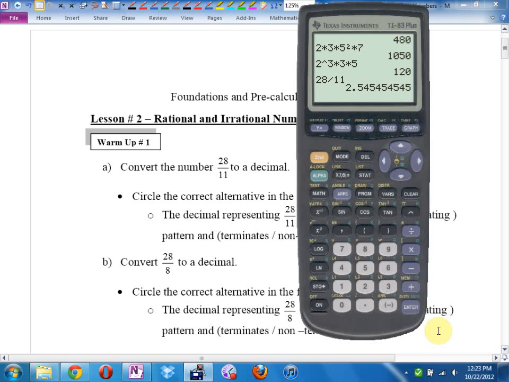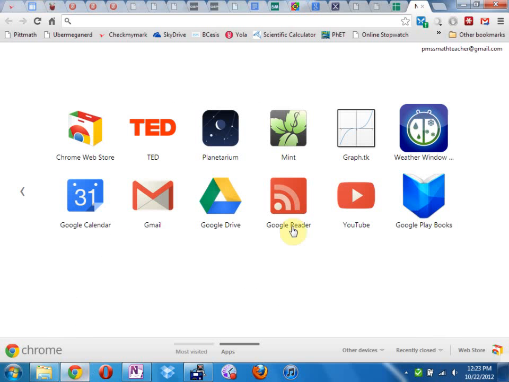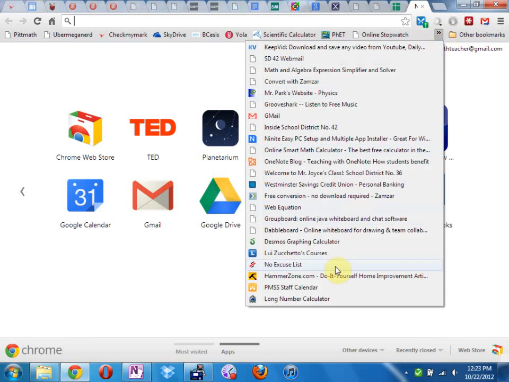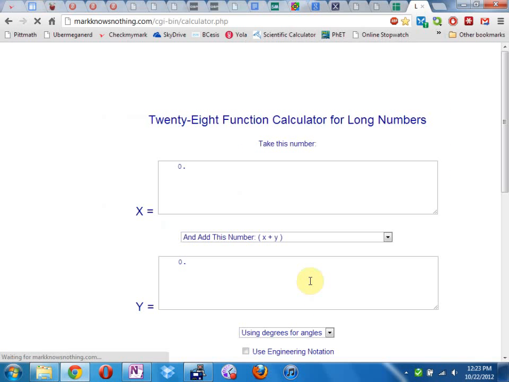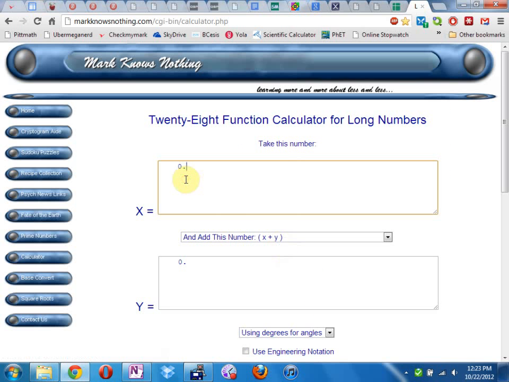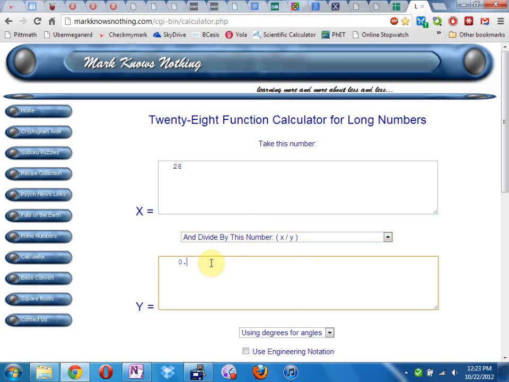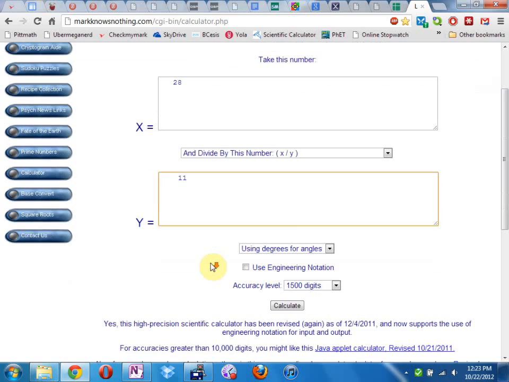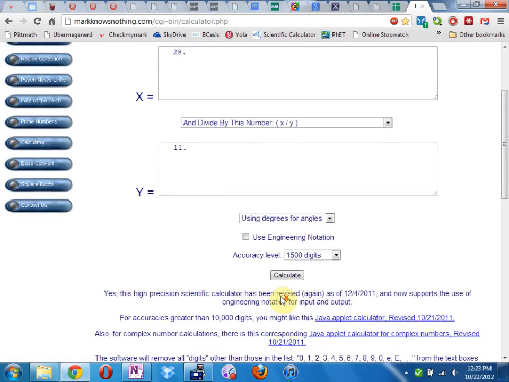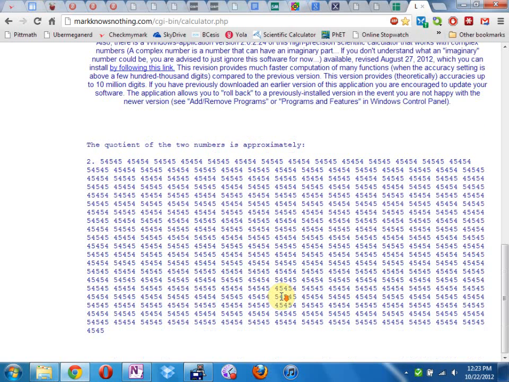Does it end there, do you think? What does it do? Well, thankfully, I have a long number calculator. So we're going to go 28, and we are going to divide by 11. Calculate. That's to 1,500 digits. I think we can reasonably assume the pattern keeps going.